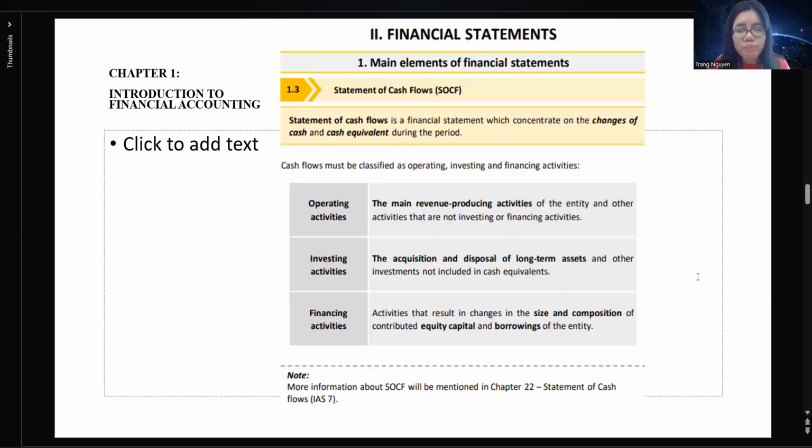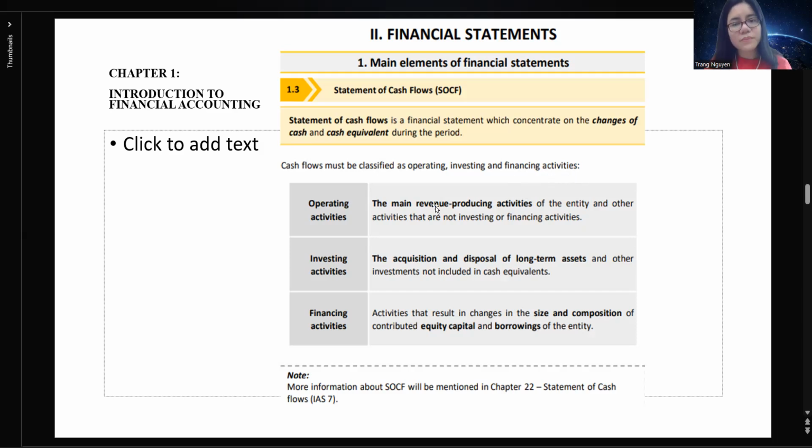The third statement we should pay attention to is the statement of cash flows, I mean the SOCF. The statement of cash flows is a financial statement which concentrates on the changes of cash and cash equivalents during the period. Cash flows must be classified as operating, investing, and financing activities.